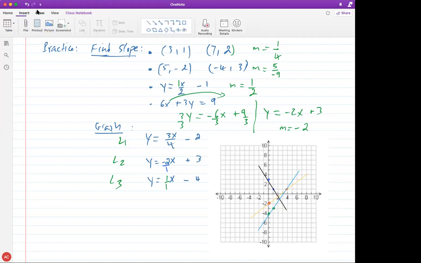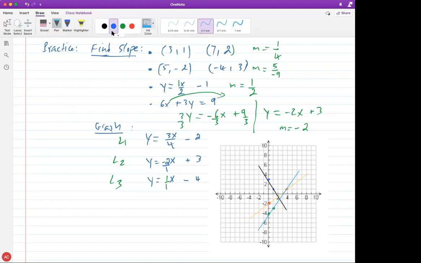And that's pretty much how we graph lines quickly using the intercepts. It's convenient. We got line 1 here, line 2, and finally line 3.